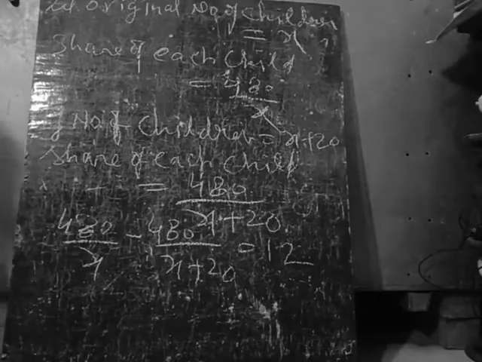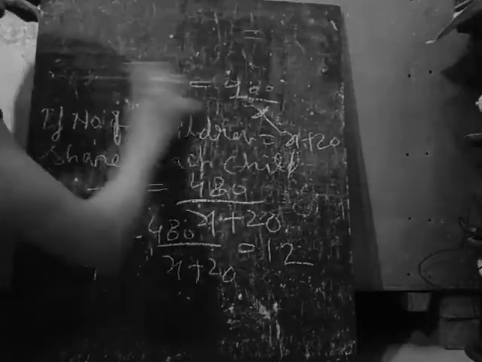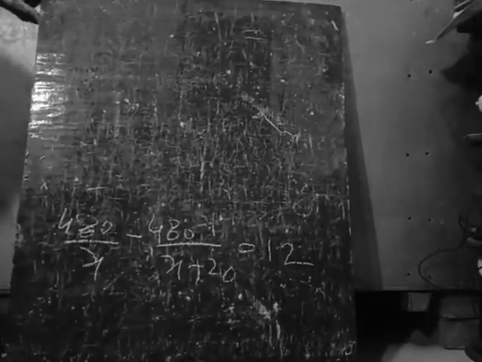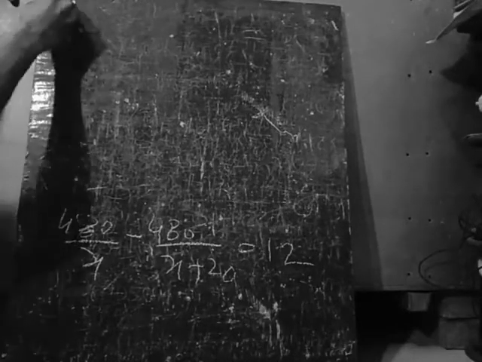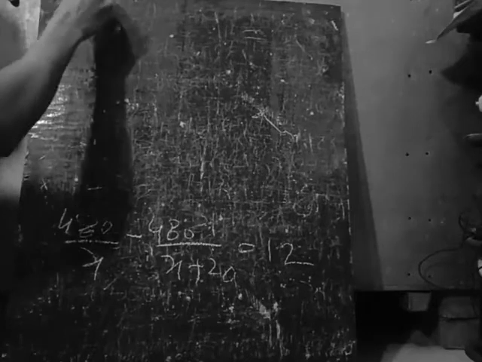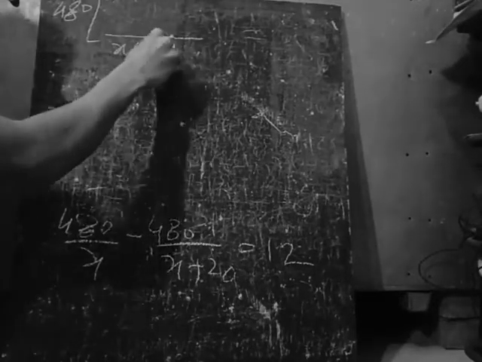Now we have to solve this to get the value of x. So you see how you get it. Take 480 common. Take LCM x and x plus 20.